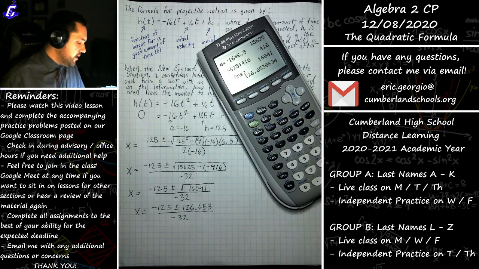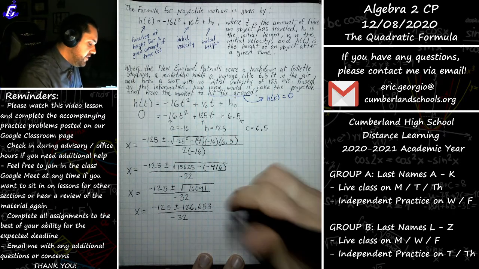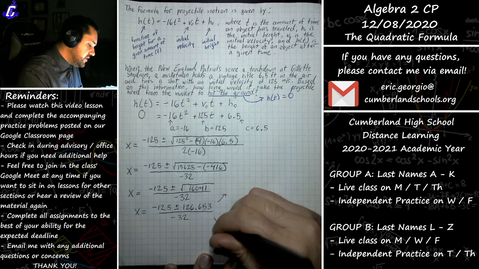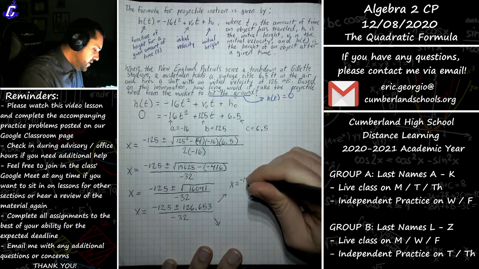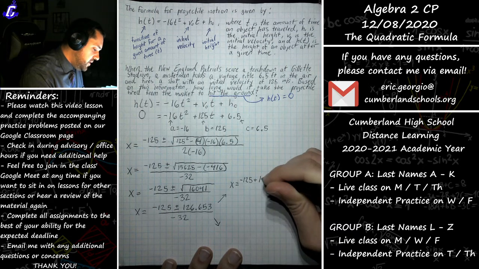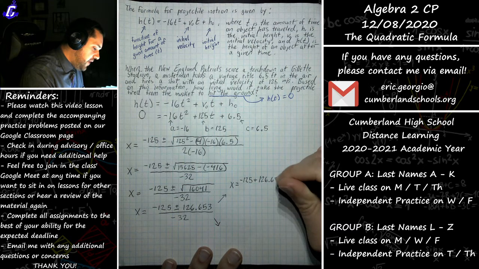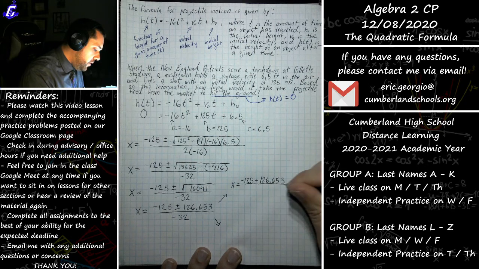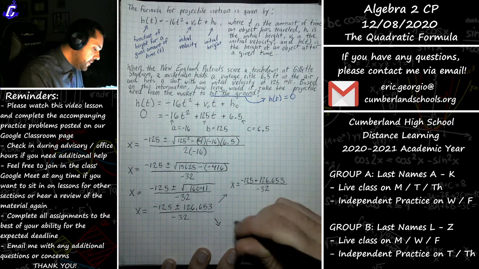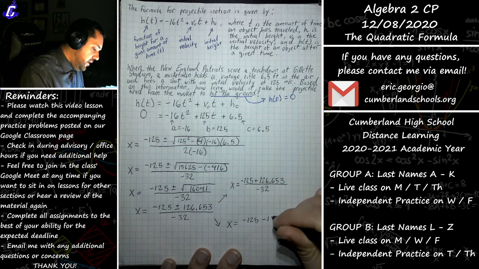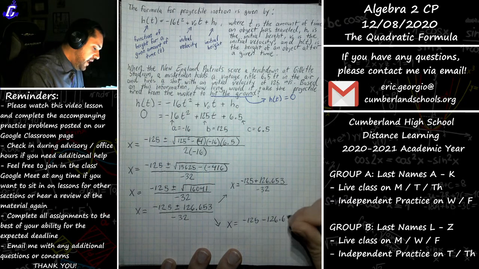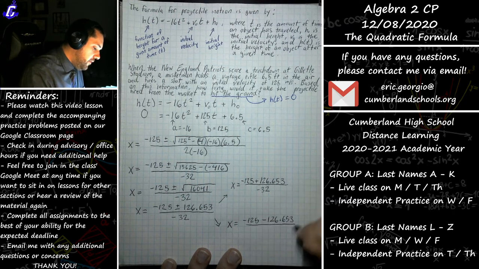All right? Now we can split into our 2 parts. I'm going to do it this way just to give myself a little bit more room. We can say x equals negative 125 plus 126.653 all over negative 32, or x equals negative 125 minus 126.653 all over negative 32.